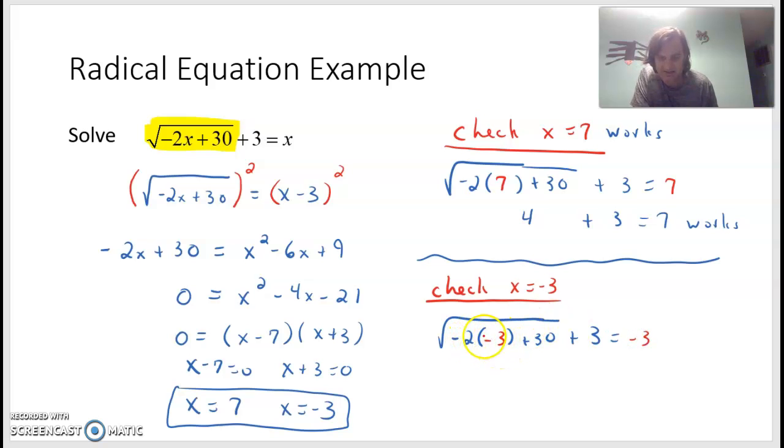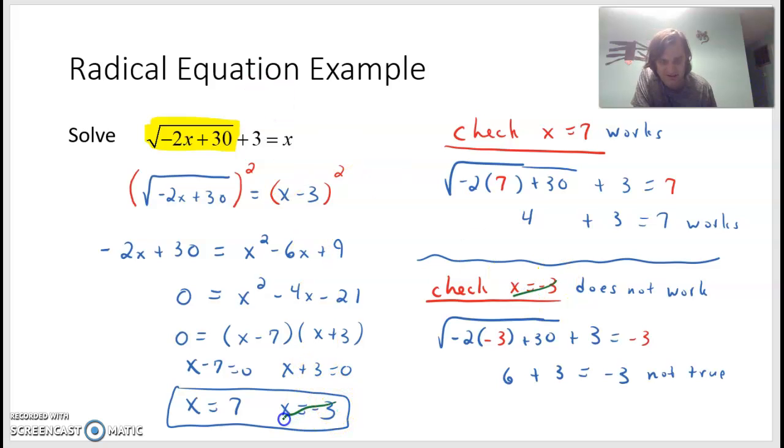So I get under the square root 6 plus 30, so square root of 36. So I get 6 plus 3 equals negative 3. Not true. This means the negative 3 does not work. So I'm just going to mark it out.